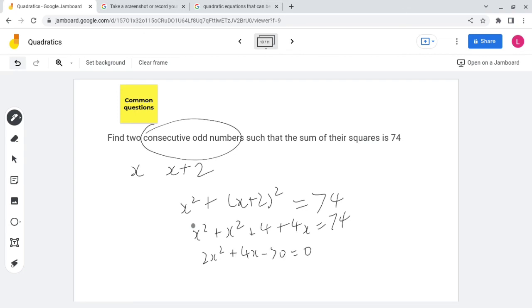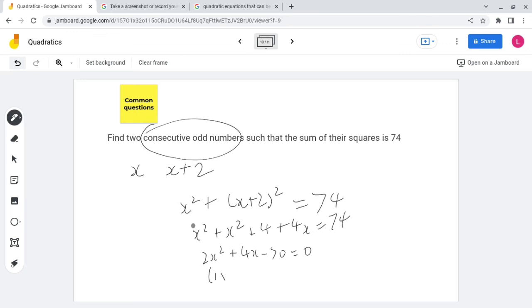Now you can use whatever method you want: either the calculator cheat method, or you sub in the entire quadratic formula, or you can do cross multiplication, right? Here I use the calculator cheat method right now.